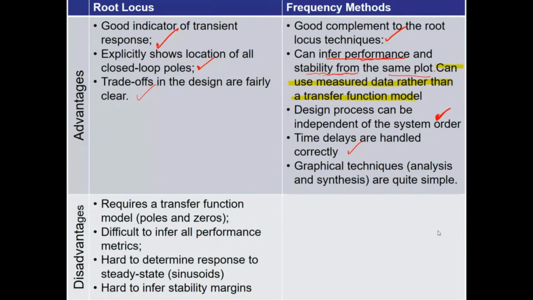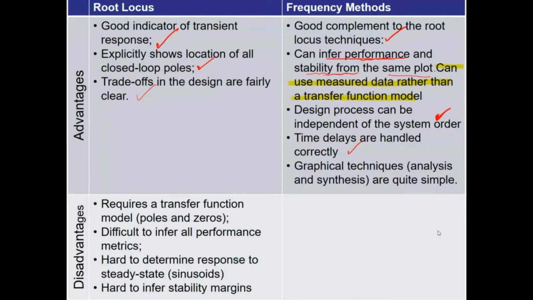It's hard to determine the response to steady state sinusoidal inputs. So it's good for step inputs, where you're going from set point A to set point B. But some systems do have frequency inputs, so it's not so easy to determine the behavior of a system using a root locus based on sinusoidal or oscillating inputs.